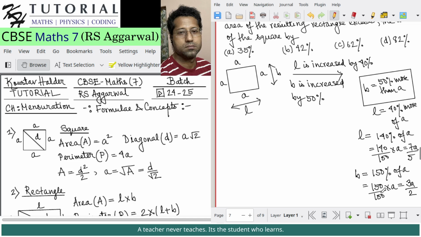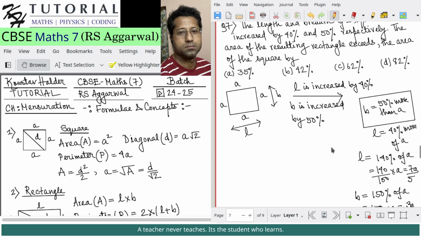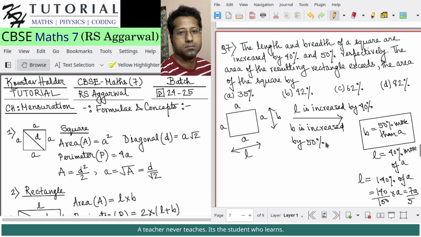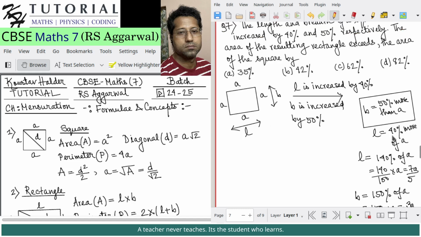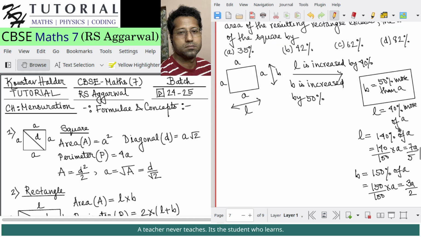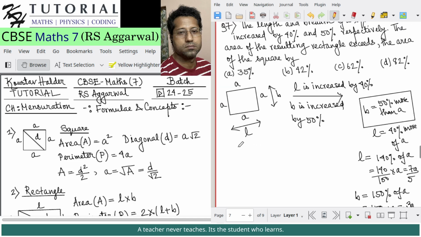So the square had side length A, and when its length and breadth were increased by 40 and 50%, we have a rectangle where the length is 7A by 5 and the breadth is 3A by 2.